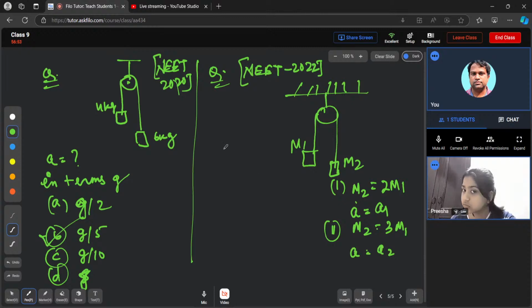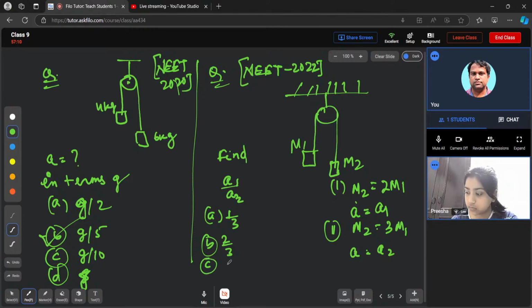The question is, find A1 by A2, the ratio of A1 to A2. Options are 1 by 3, 2 by 3, 3 by 2, 1 by 2.